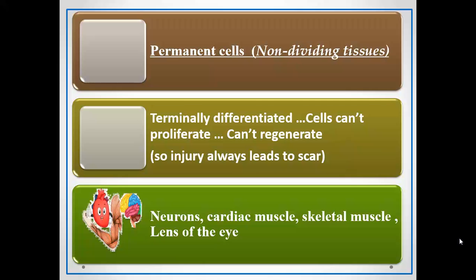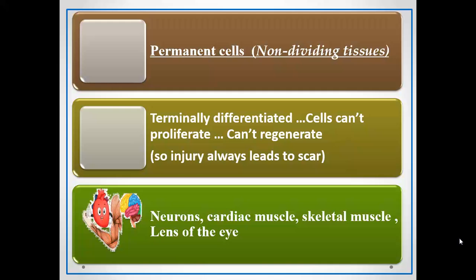All of these things we will discuss later on. So don't panic. I just want you to understand the overall concept. If the permanent cells are injured, either minor injury or great injury, scar formation will eventually happen. The scar formation process, we will discuss it later on.